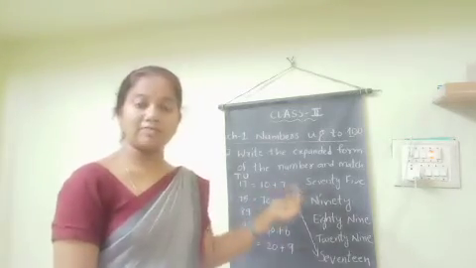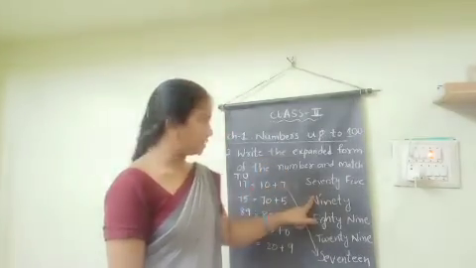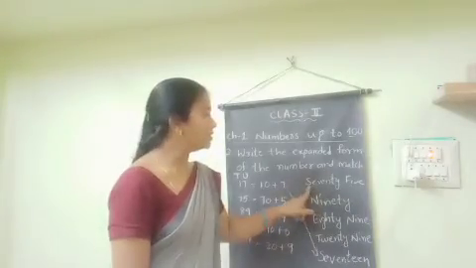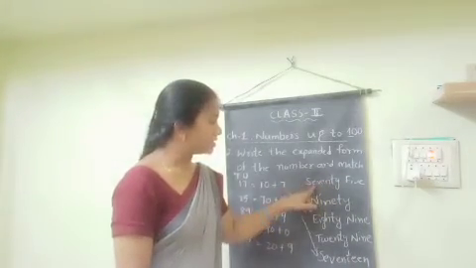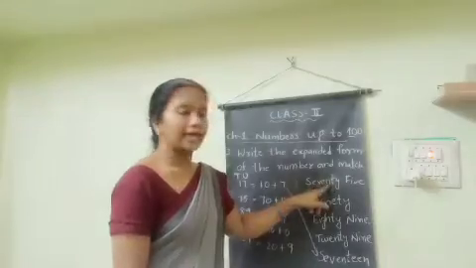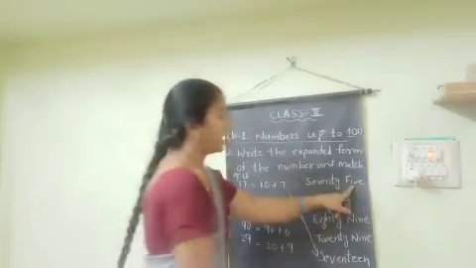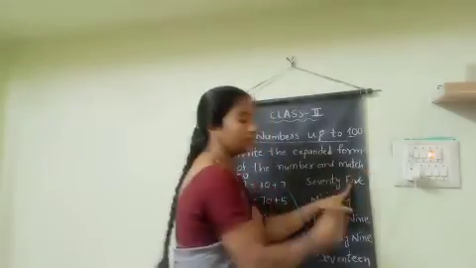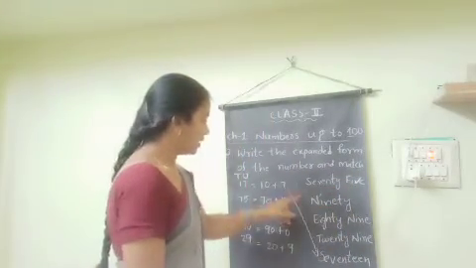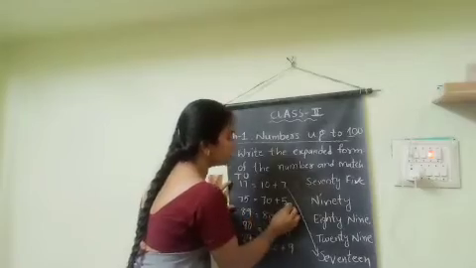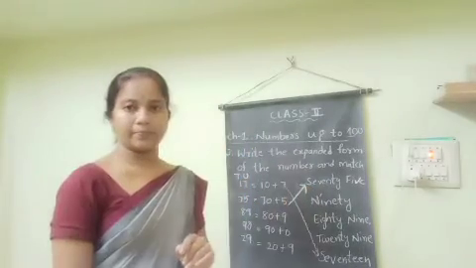Where is that 75 number name? Yes, it is at the start only. First only you have 75. Read it again. SEVENTY, 75. FIVE, 5. 75. Okay.